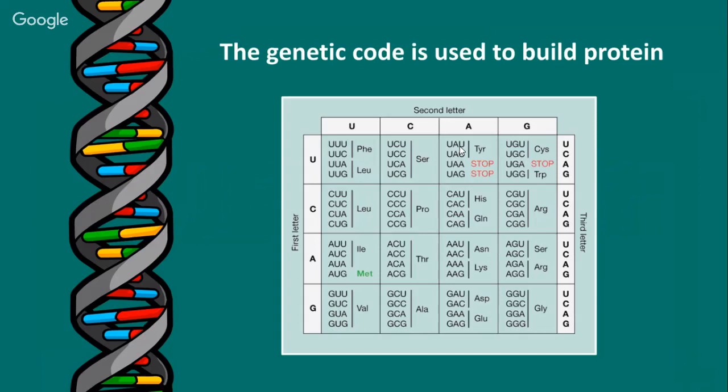Now, the genetic code does have redundancies, but we'll see later that those are actually useful. And English also has redundancies. There's multiple ways to say hello, for example. You can say hi, hello, what's up? So there are redundancies in all sorts of codes.